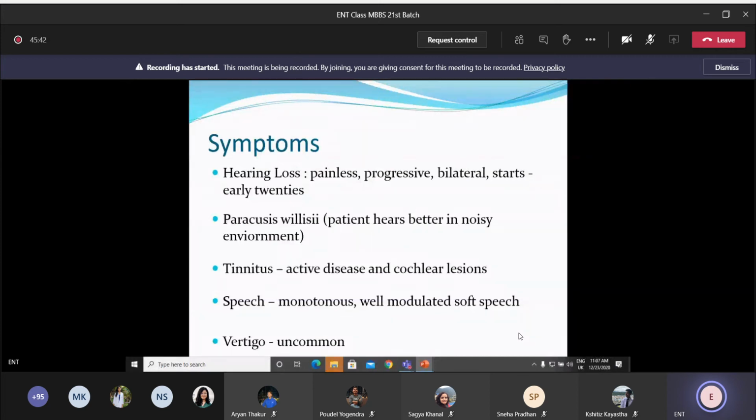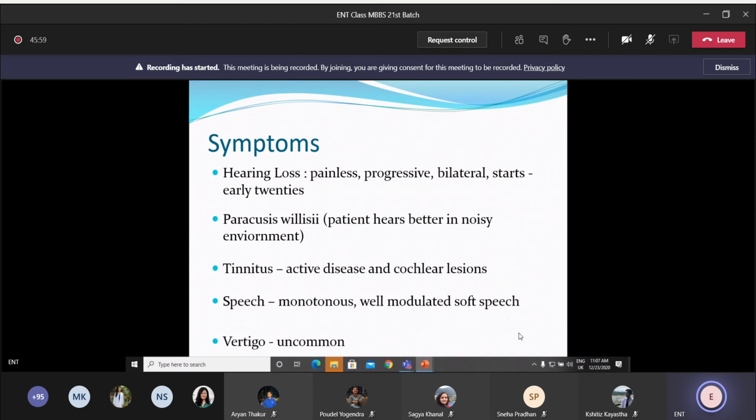A young patient with progressive hearing loss bilaterally, starting in the early 20s, should give you a clue. It might be otosclerosis. And if the drum is normal, that is another point in favor.